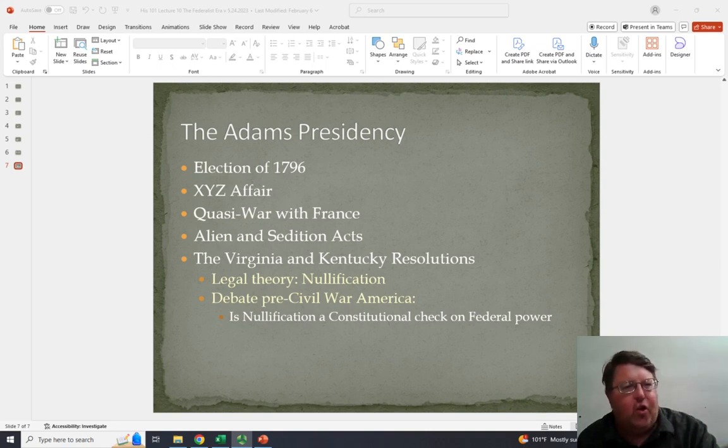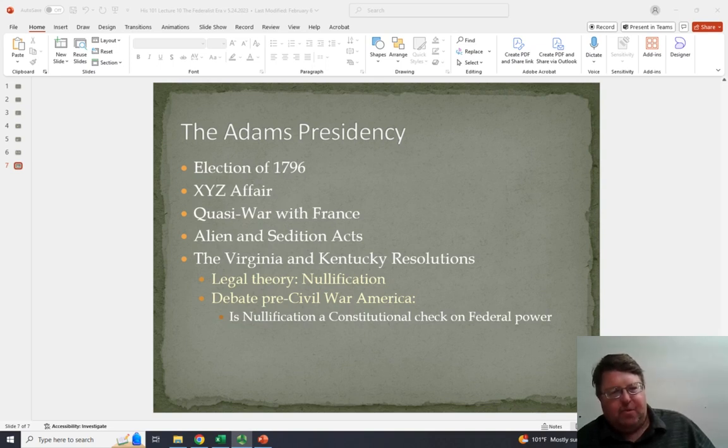The states got together in convention and wrote the U.S. Constitution, so at the very least they're co-equal. And then some argue that the states are actually politically superior to the federal government. So that's an argument back then.